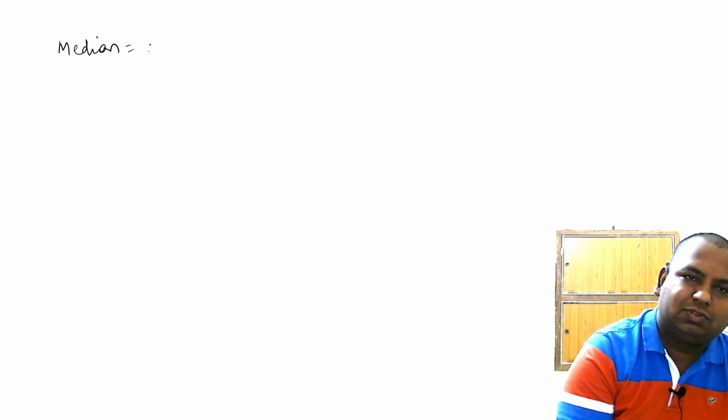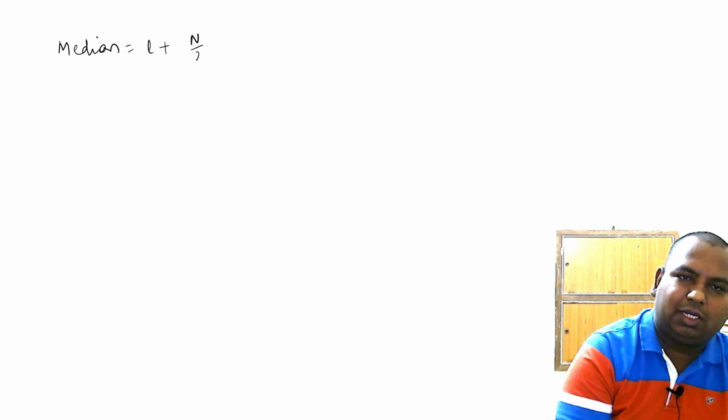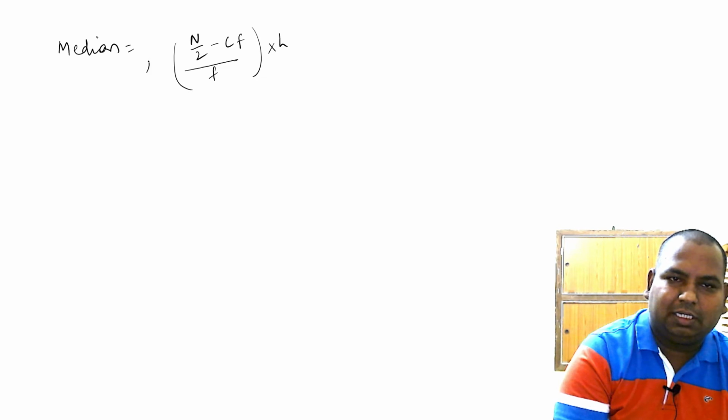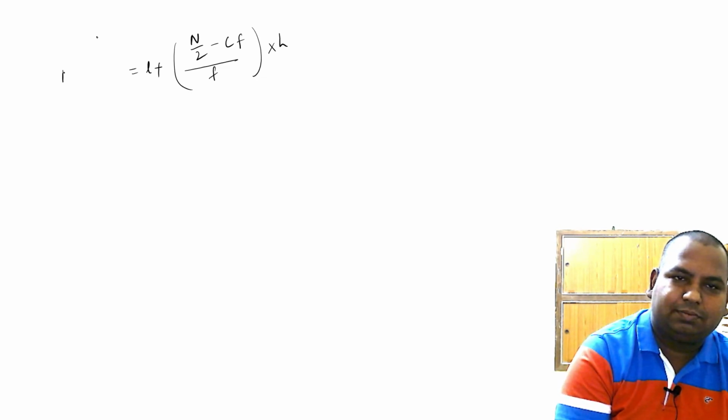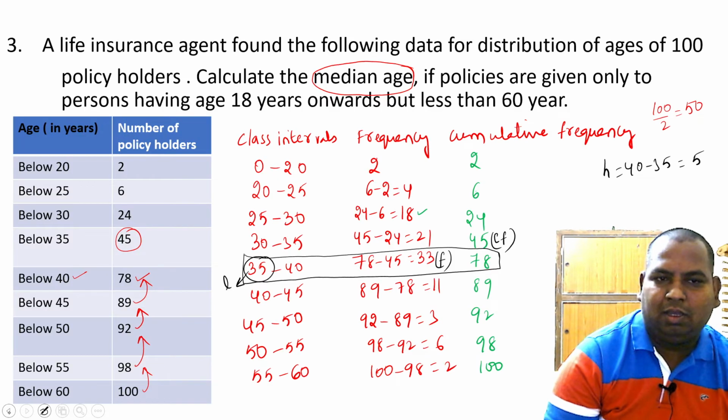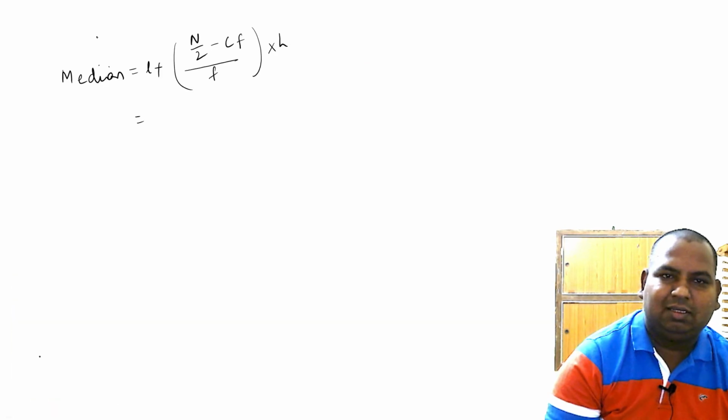Median is equal to L plus (N by 2 minus CF) by F, into H. Let me write L properly. Median equals the L value. L we have 35.